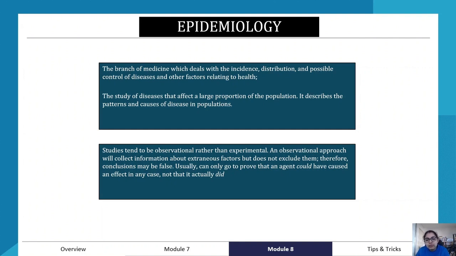With an observational approach, for example, we see in patients who have lung cancer that they had a big history of smoking. We can say that potentially tobacco smoking contributes to lung cancer.